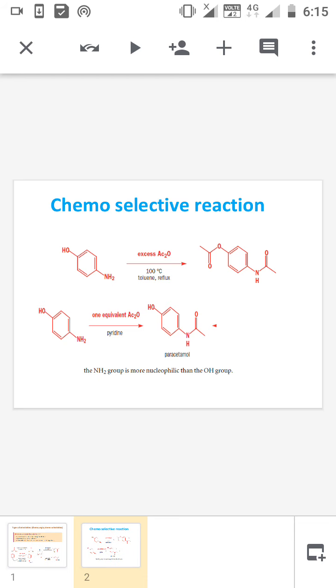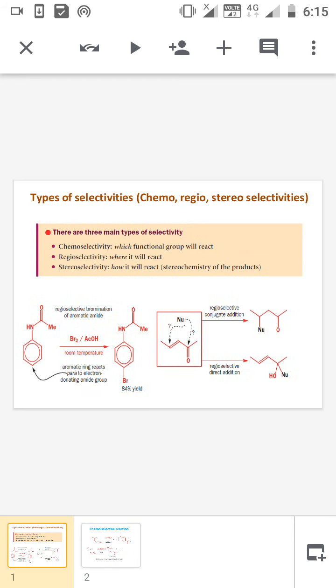And the next selectivity is stereoselectivity. Stereoselectivity we already discussed in the first semester. Stereoselective reaction means that for the chemical reaction we will get two products. For example, if you take the carbonyl group, the nucleophile will attack from both directions.